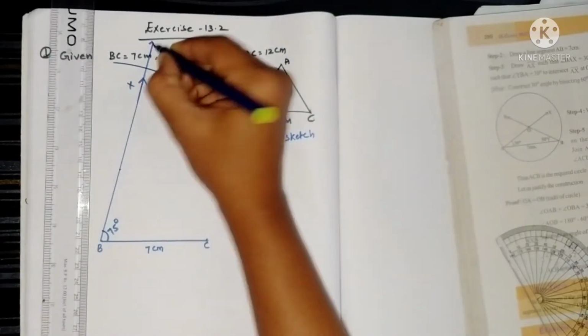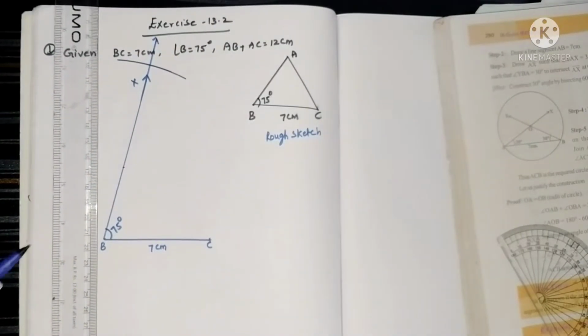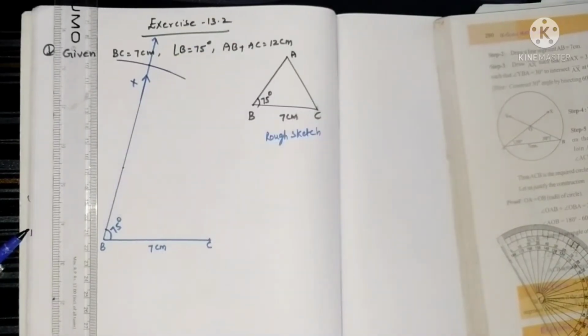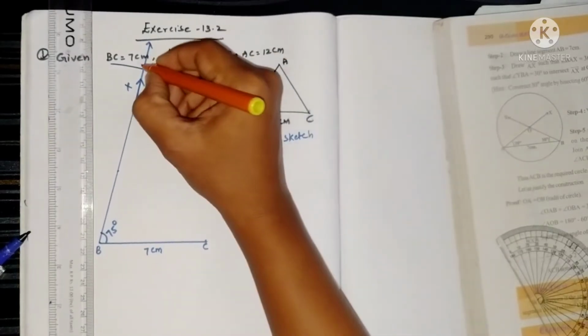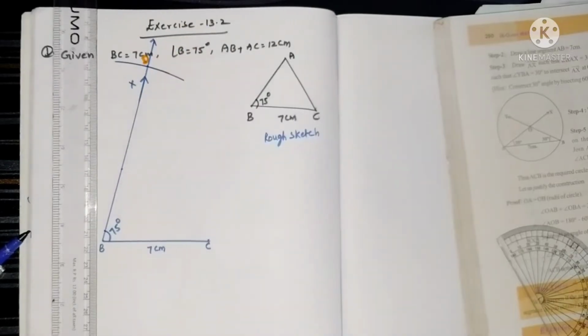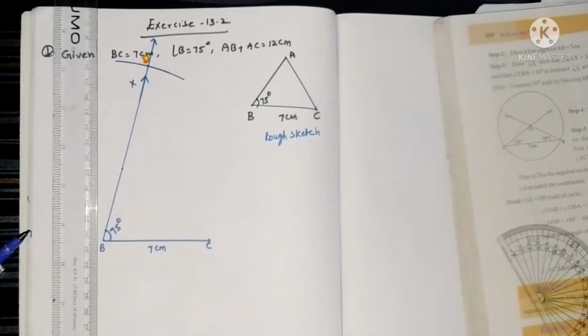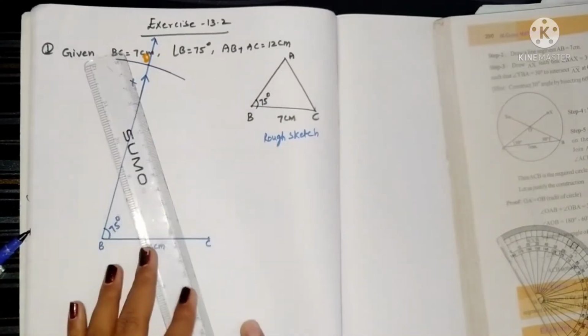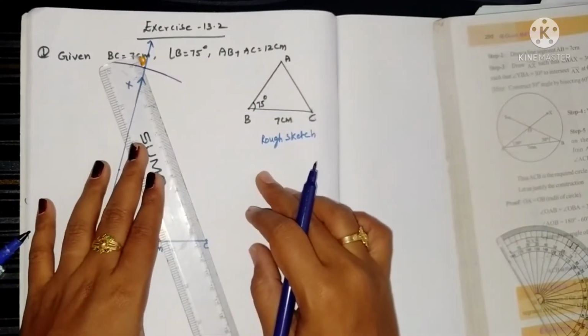Take the intersecting point of the arc as D. Now we have to join this C and D. So join C and D.